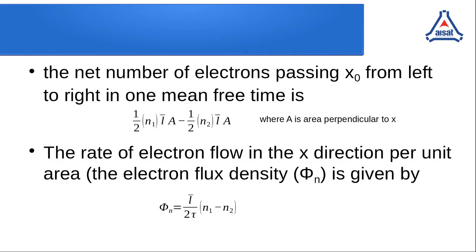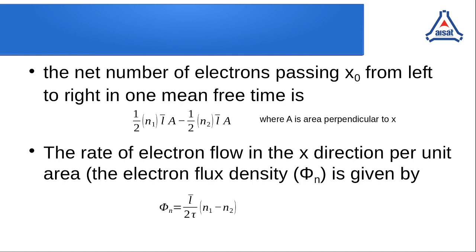Mathematically, we could write it as the net number of electrons passing x0 from left to right will be equal to half of n1 L bar A. As I mentioned, half of the carriers in segment 1 are moving to the right and half are moving to the left.